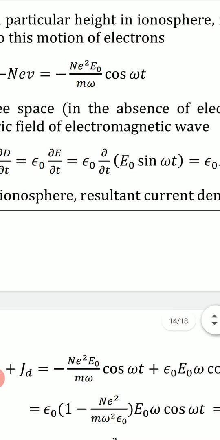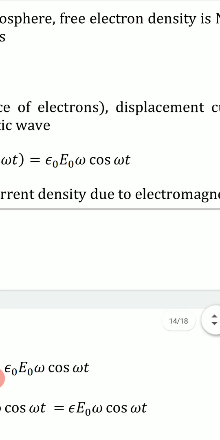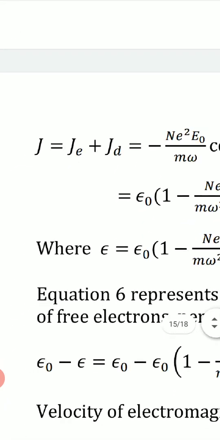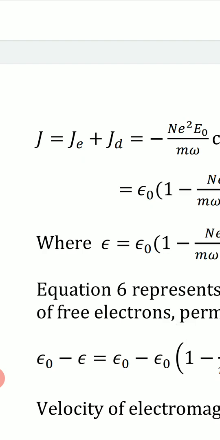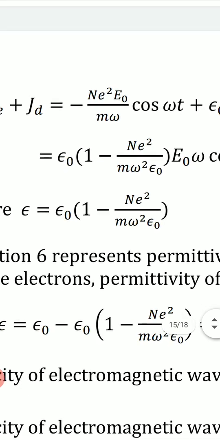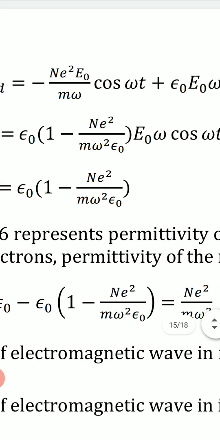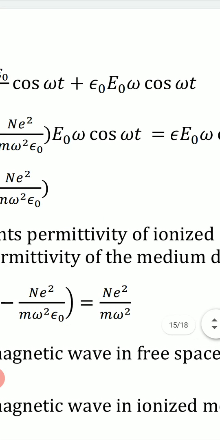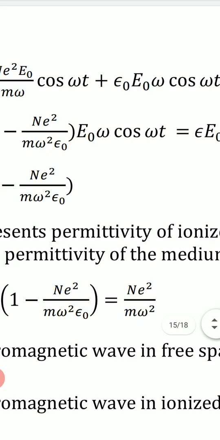So in the ionosphere, the resultant current density due to the electromagnetic wave will be equal to the sum of these two current densities, J equal to Je plus Jd. Put the value of Je and Jd, then the resultant current density J becomes equal to minus N e square E0 upon m omega cos omega t plus epsilon 0 E0 omega cos omega t.